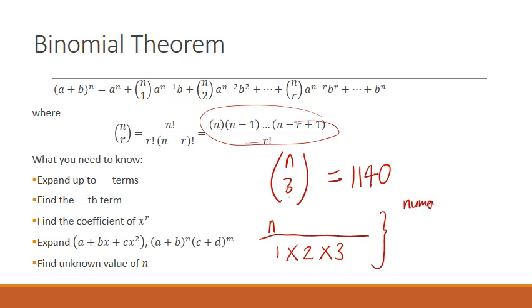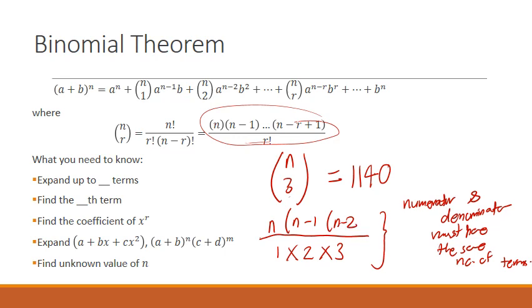The numerator and denominator must have the same number of terms. So if I have n choose 2 equals, for example, 45, then I start with the denominator, 1 times 2, and the numerator must have the same number of terms.